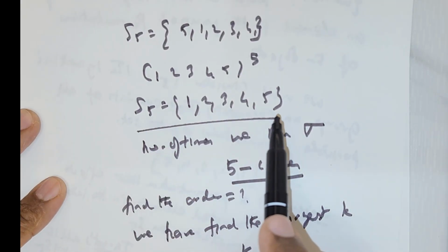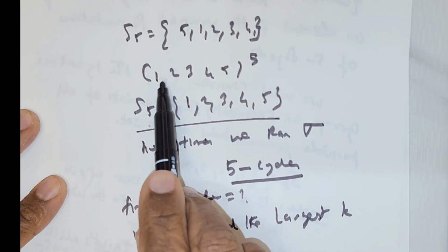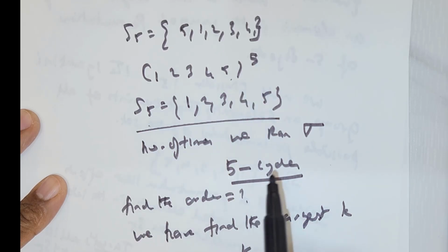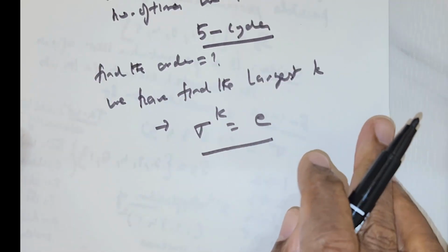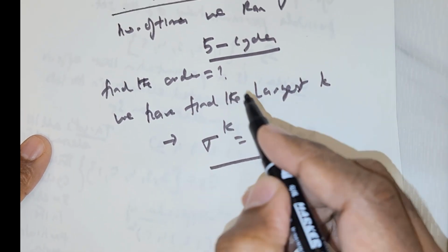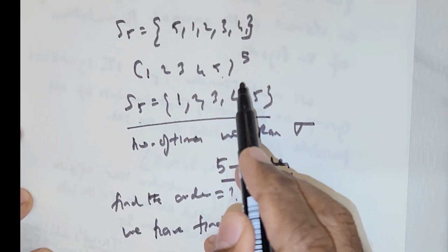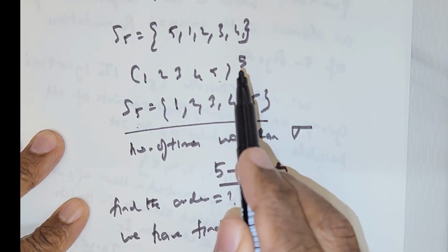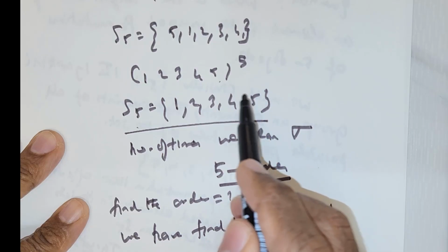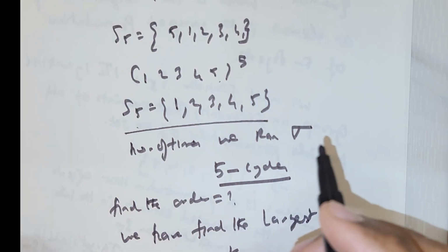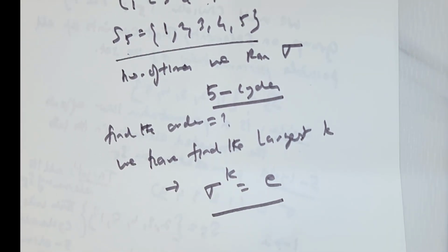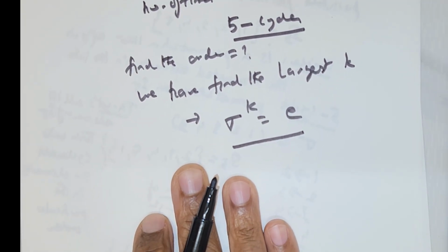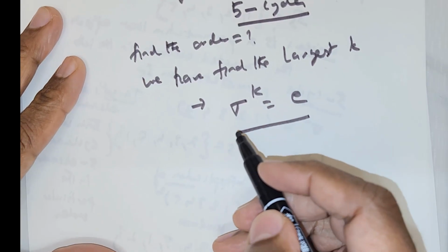In this case we ran it 5 times to get the original set back. The question wants us to find the largest k. In this case we do not know if 5 is the largest value for obtaining the set back. That is exactly what the question wants. Now how do we find that? That is the all important question, right?